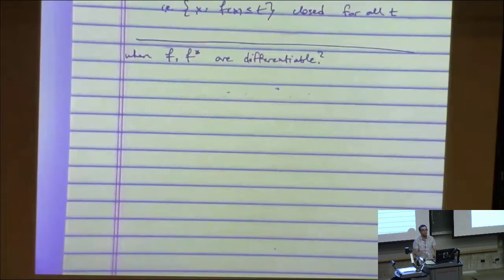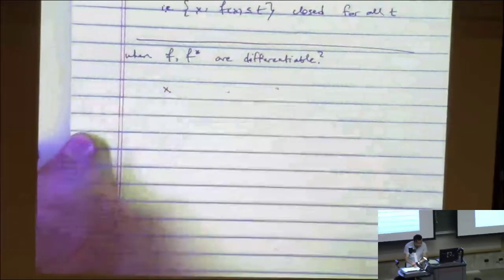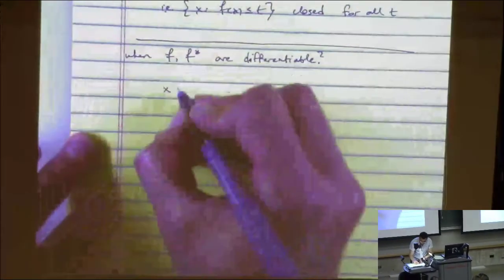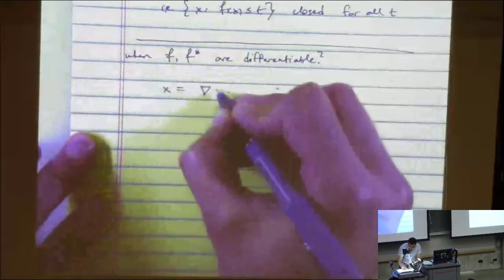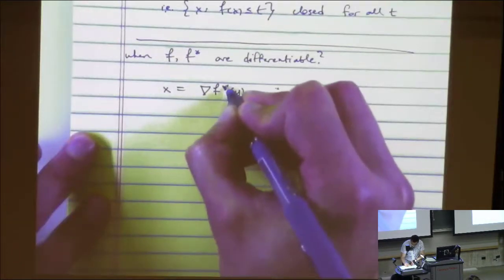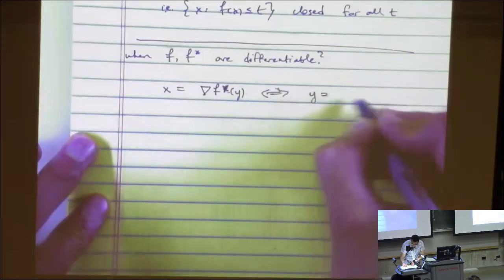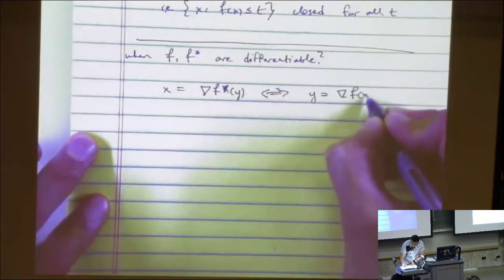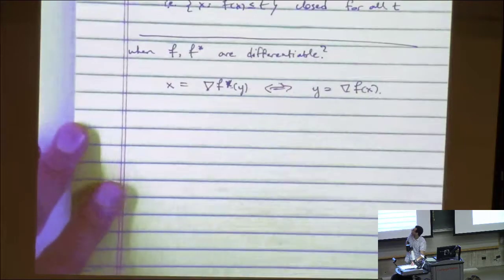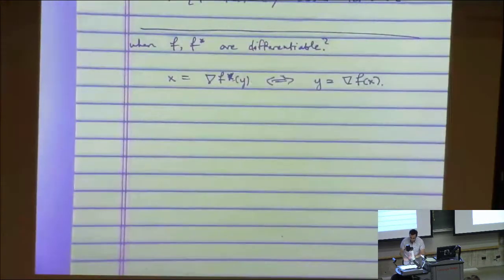So they're smooth and convex. Then the subdifferential only contains one point, right? So this property reduces to the following: x is equal to the gradient of f star at y if and only if y is equal to the gradient of f at x. Again, because the subdifferential just has one point.